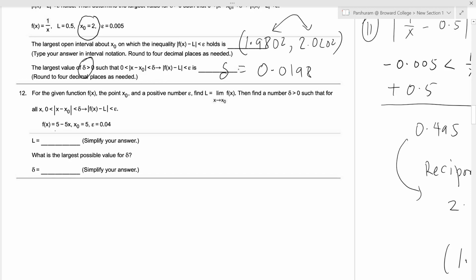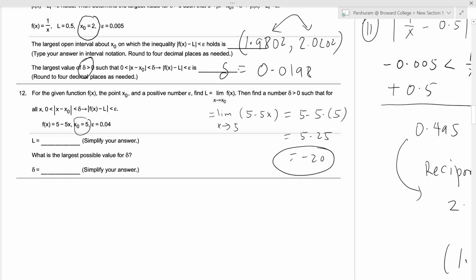Since the function we have been given is a polynomial function, we can find the limit when x equals x0, which is 5. It's easy to find because the limit of a polynomial function is just plugging in the value of x. So it will be 5 minus 25, which is negative 20. So the limit of the function, L, is negative 20.